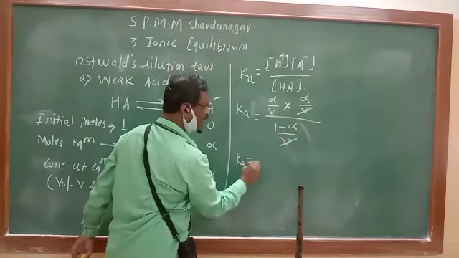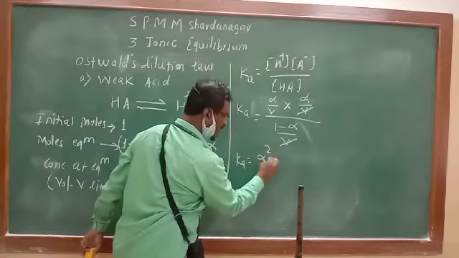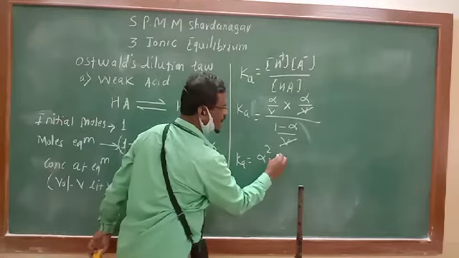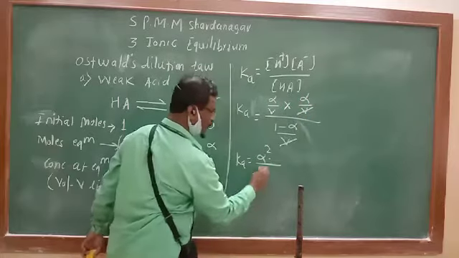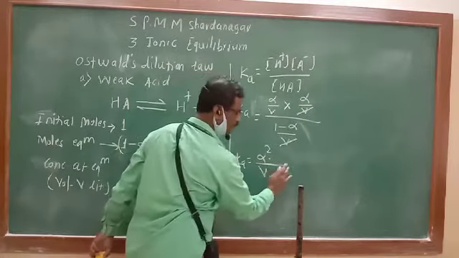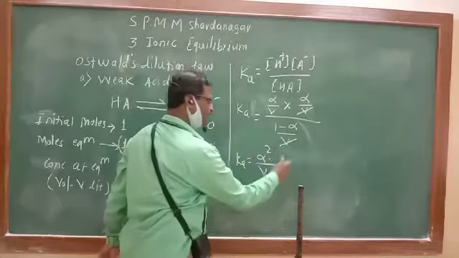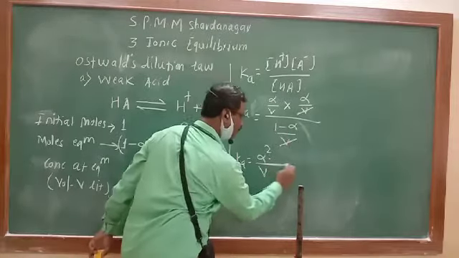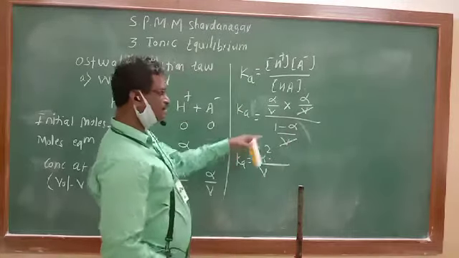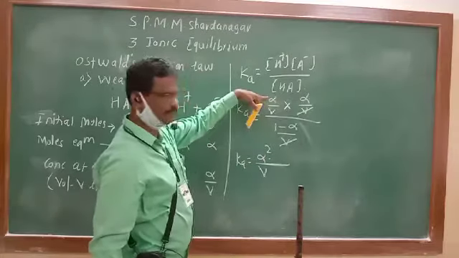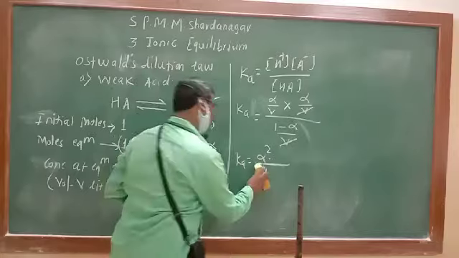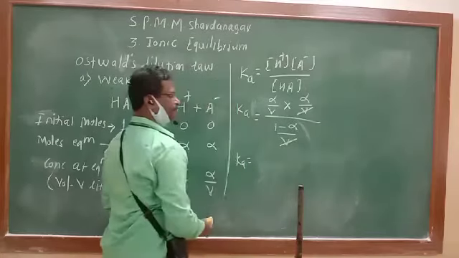The equation will be Ka is equal to alpha square divided by V into 1 minus alpha. Here alpha square, this is alpha into alpha. Or we will add one more step if you have any problem.